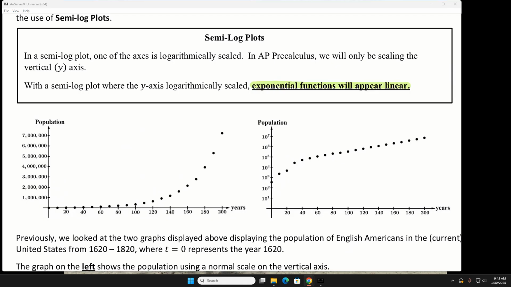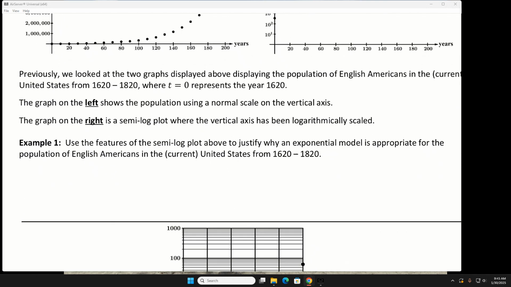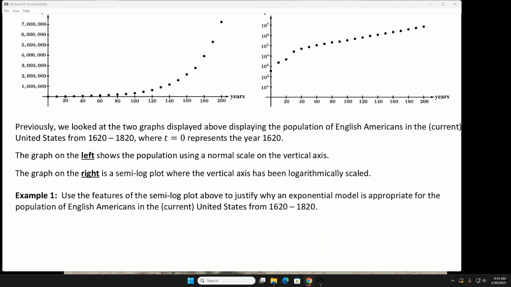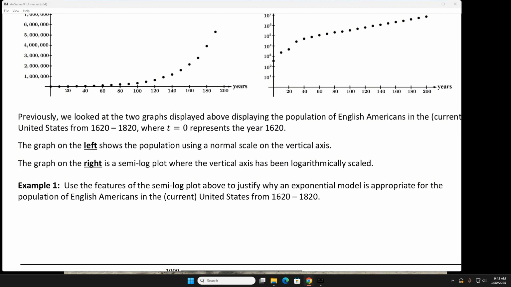And so this first example, we need to use that idea to answer the question. It says to use the features of the semi-log plot above to justify why an exponential model is appropriate for the population of English Americans in the current United States during that period of time. And so if you look at after 40 years, what does the graph appear to be? Linear. So when the semi-log plot appears linear, then the exponential model is appropriate.